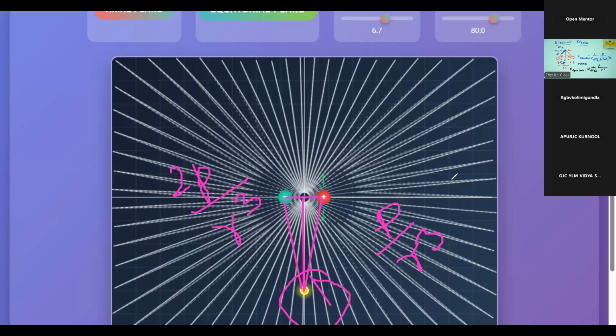For the equatorial line, P by R cube. So you can see there is a difference between the axial line electric field and equatorial line electric field, only this factor of two. So the electric field of the axial line is twice the electric field of the equatorial plane. Is it correct?